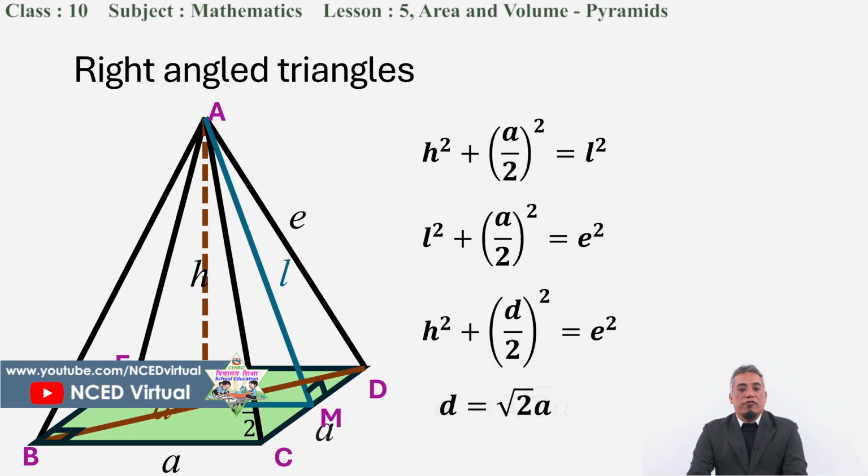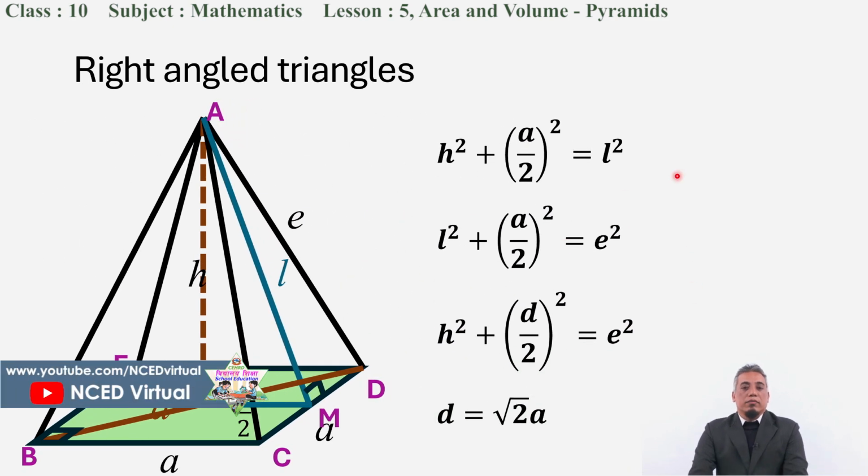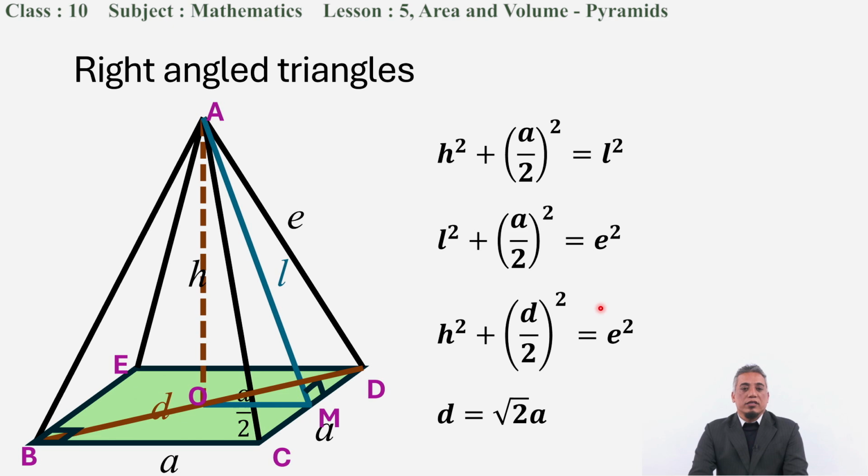So these are four right angle triangles relations. So first is on A, H and L, second is L, A and E, third is H, D and E, and fourth is D and A. So these all relations we have reviewed just now.